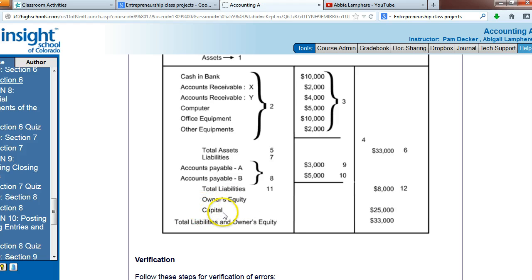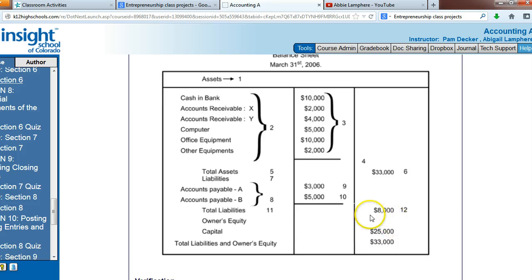We list our owner's equity, which is our capital account. Since there's just one, we don't have to add it up with other owner's equity accounts, so we can just move that balance over into the right column. Then we want to add our liabilities and our owner's equity together to get the total liabilities and owner's equity, and we record that number down at the bottom.